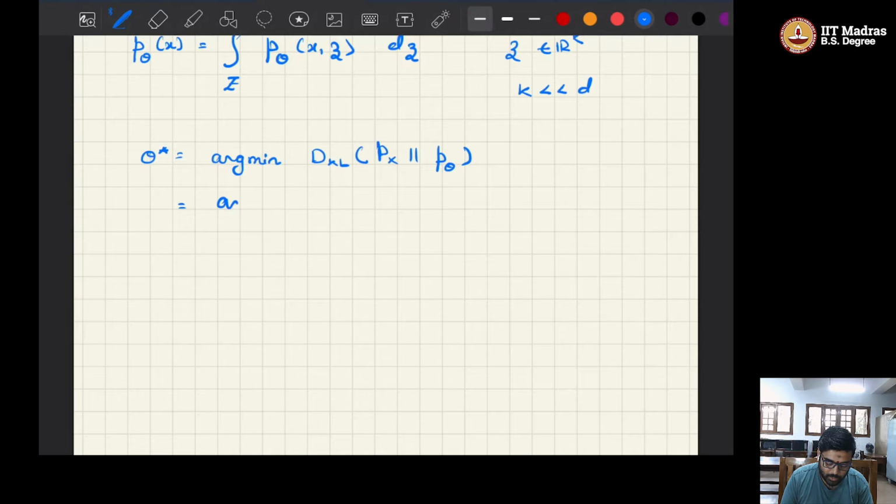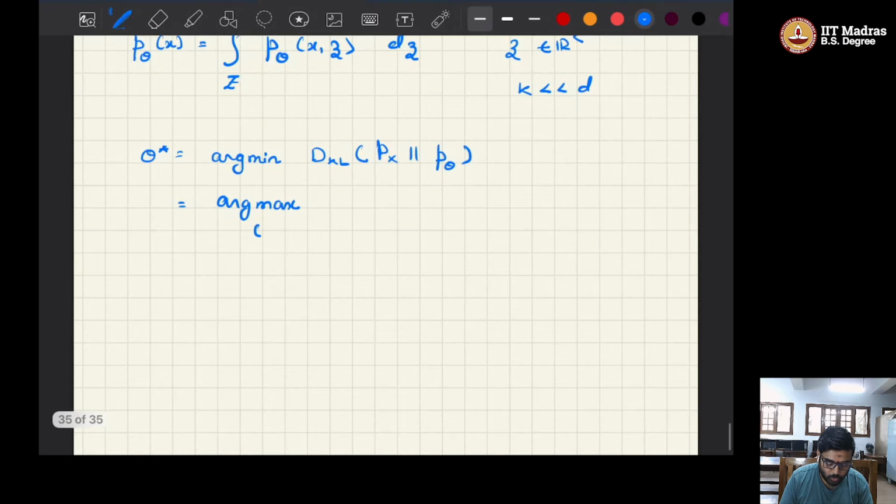and we know that this can be written as, I'm just skipping the algebra here, and I assume that these steps are pretty much known to you. This is the expectation with respect to the data distribution P_x of log of P theta of x.